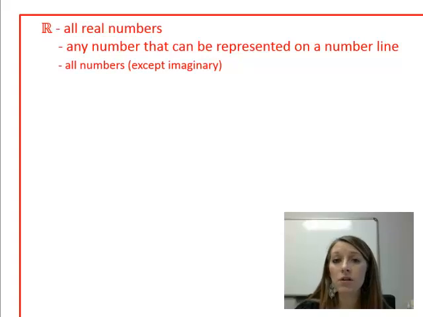If you've never heard of imaginary numbers, that's perfectly fine. We're going to learn them much later in the semester. If you do know what they are, just note that we won't be dealing with them at this time, and they're the only numbers that don't fit inside this red box. So every number we have thought of at this point fits inside this big red box.